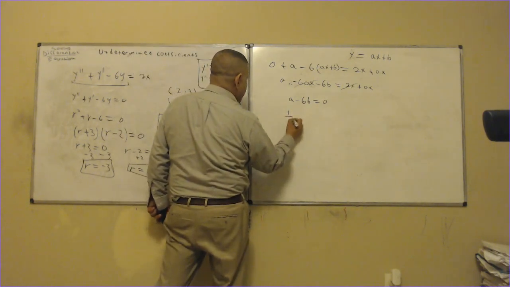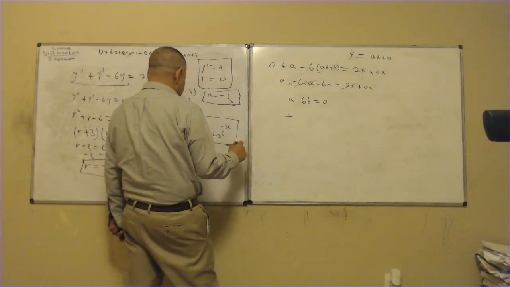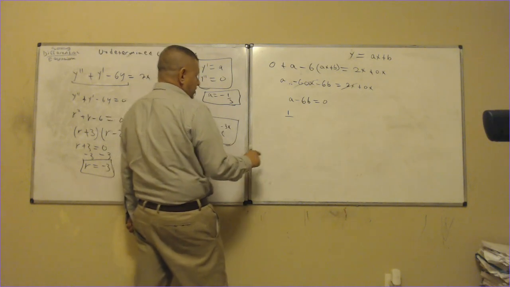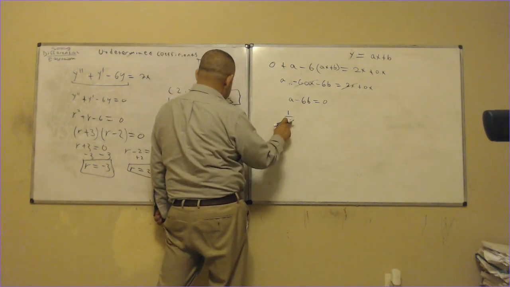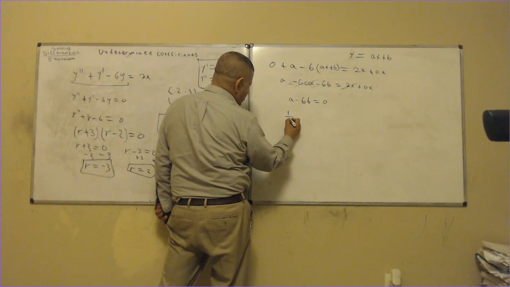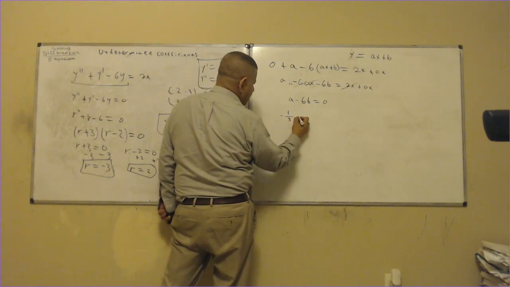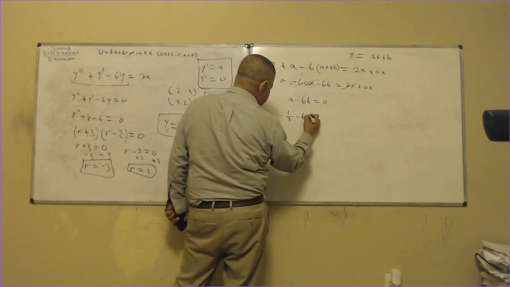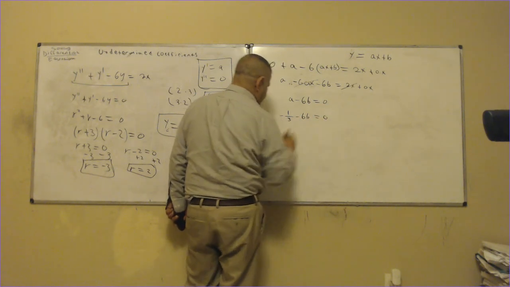So all I gotta do in this case is the following. I gotta do negative 3, and then negative 6b is equal to 0, right?